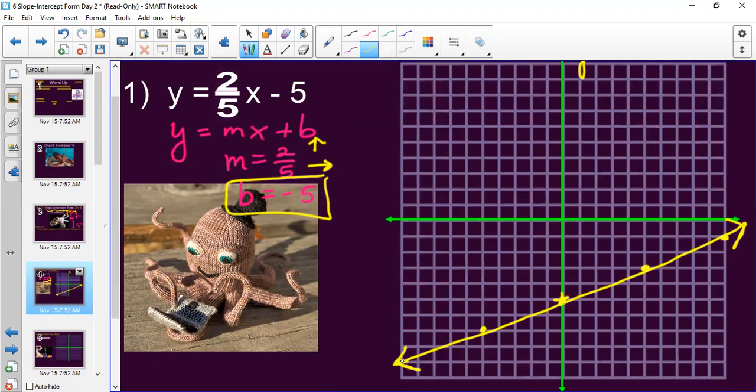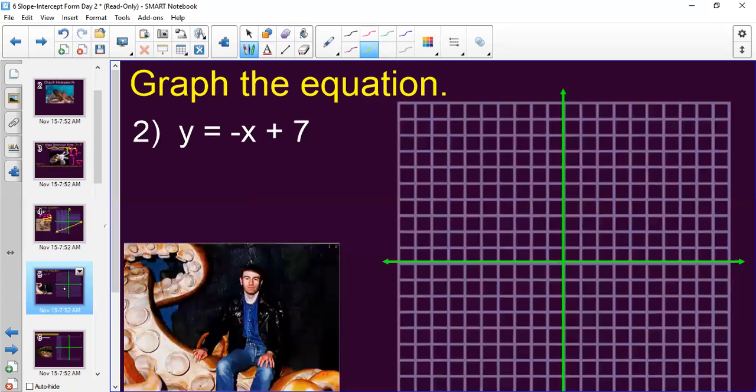Okay, so let's try two more. Again, just to quickly review from yesterday. Pull out our slope and our y-intercept. We should always have two numbers here. So in this case, our b is 7 and our slope is negative 1, so -1. And if you remember from yesterday, we make it a fraction so that we have a rise and a run.